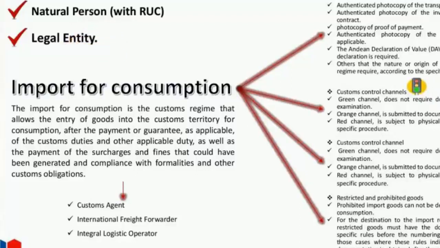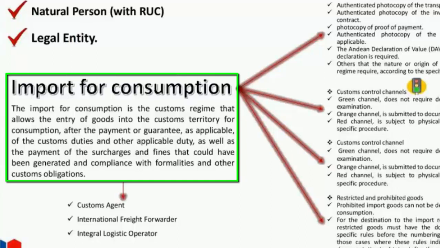Import for consumption is a customs regime that allows bringing goods into customs territory, in Peruvian territory, for consumption after you have paid or made a guarantee for the customs duty or other applicable duty, as well as the payment of surcharges and fines that may have been generated, in compliance with formalities and other customs obligations.